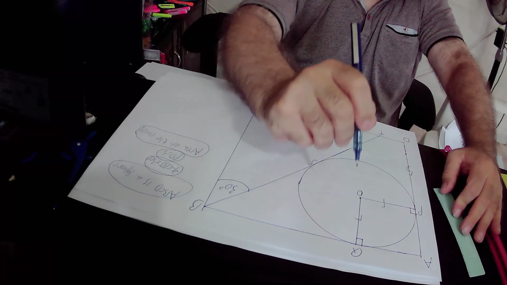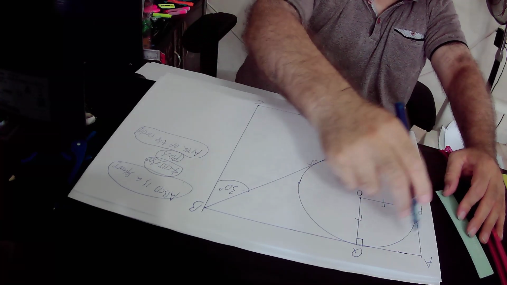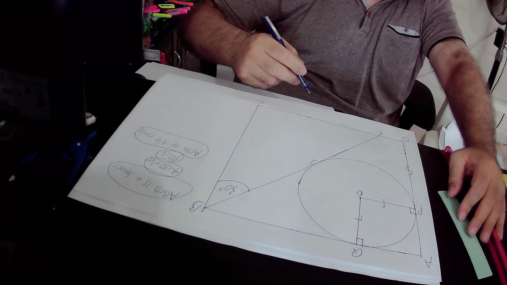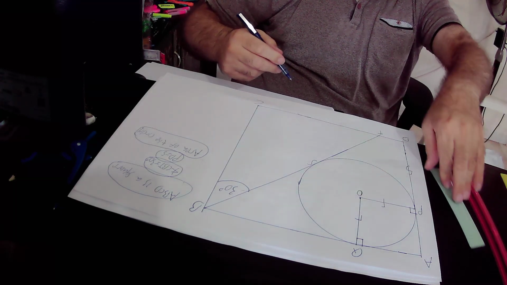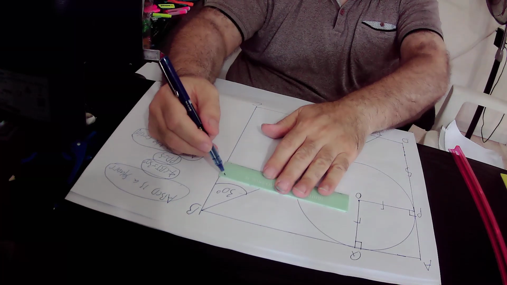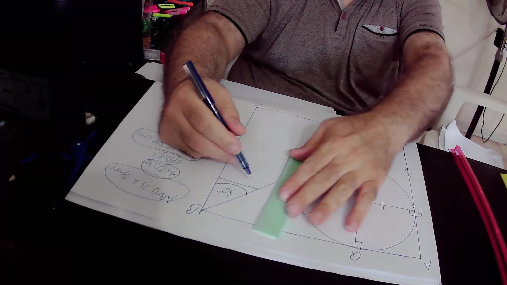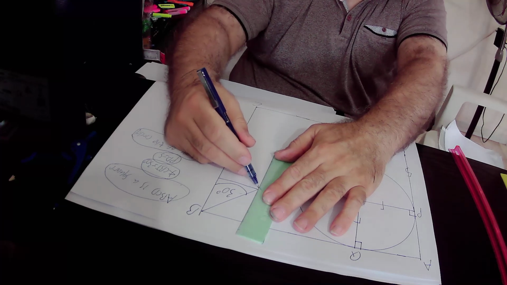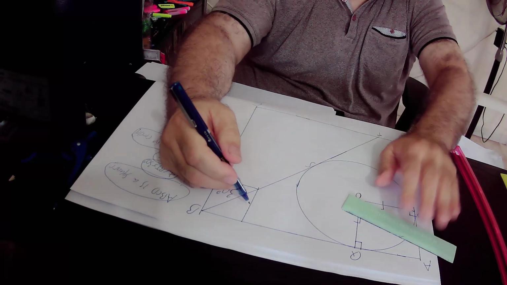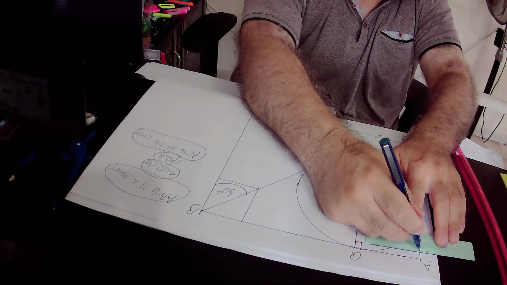Okay, and we know that all the angles inside square ABCD are right angles, so here this angle equals 90 degrees. This angle is equal to 90 degrees.